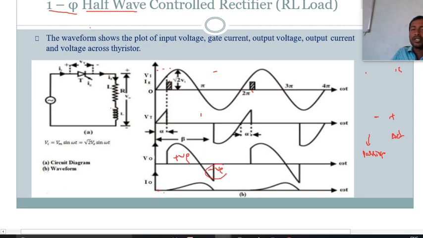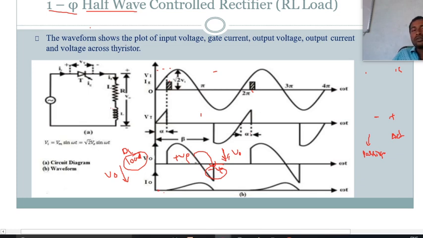So the average of these two will decrease. The average output voltage will decrease with an RL load. This is the most important point, and the disadvantage with the RL load.